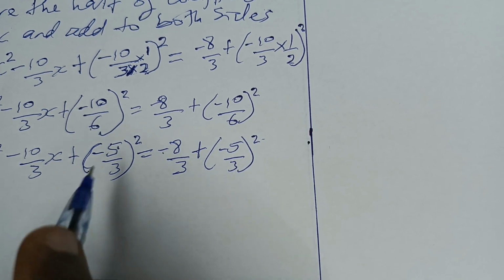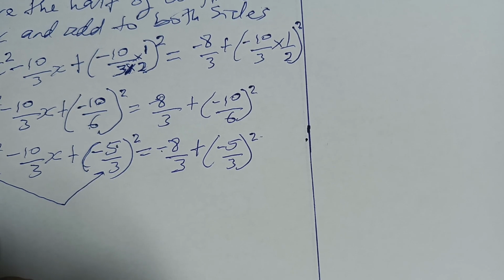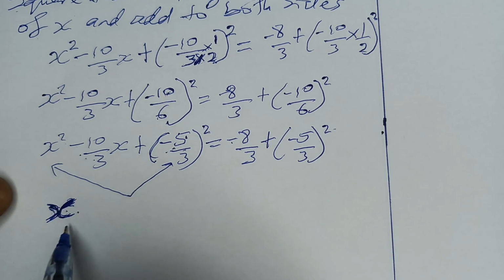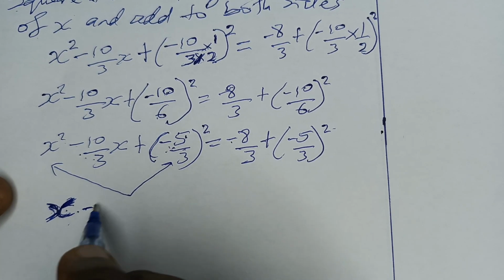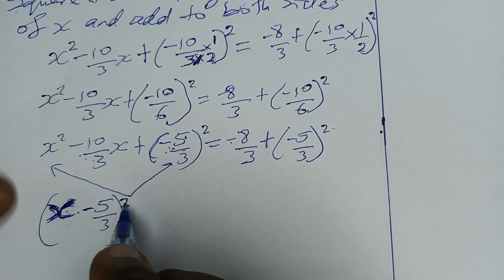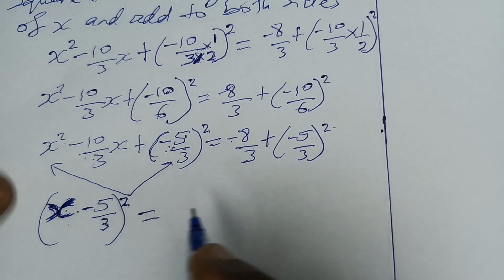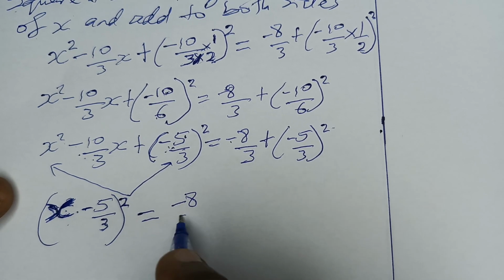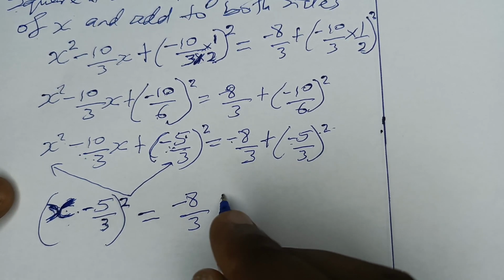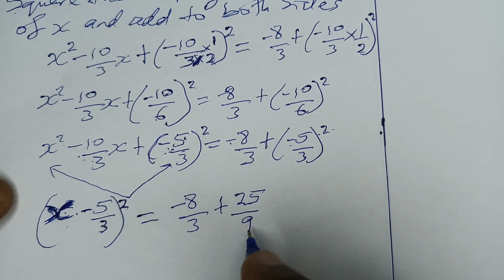Now we take this and this, so x minus 5 over 3, you now square together, is equal to minus 8 over 3 plus the square of minus 5, which is 25 over the square of 3, that should be 9.